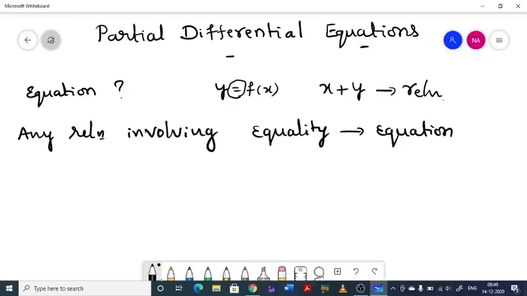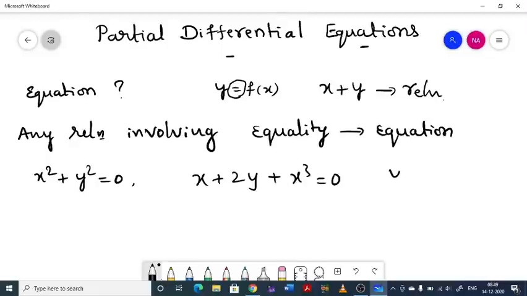So you can write any type of equations. For example, as I said here, you can write x square plus y square equal to 0, x plus 2y plus x cube equal to 0, or y equal to x square plus 5x. These are all equations. This involves two variables, x and y. Later we call those two variables dependent and independent variables, and it involves the equality sign.